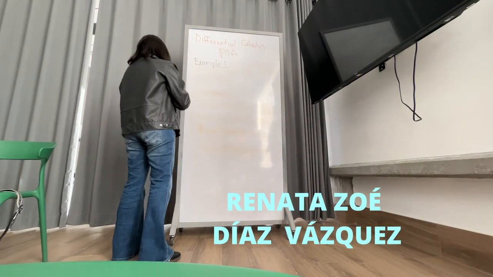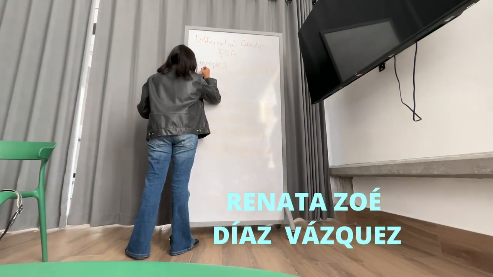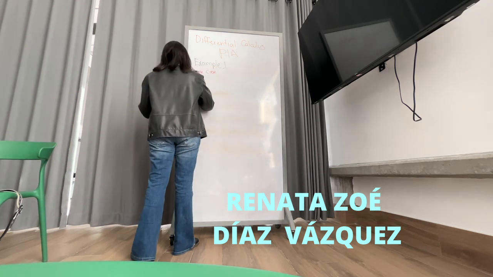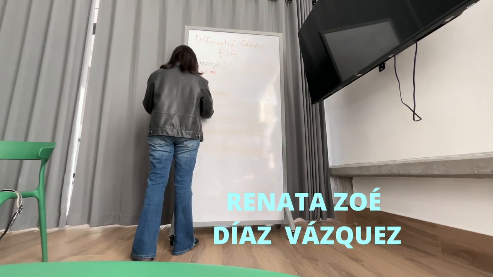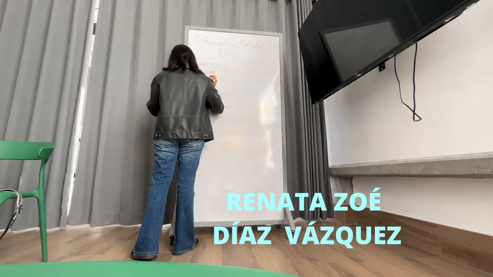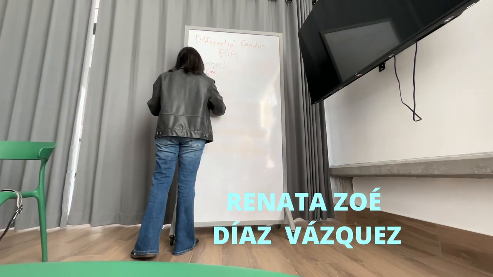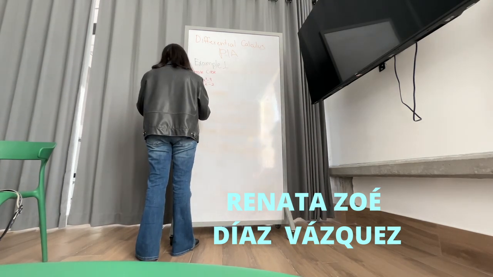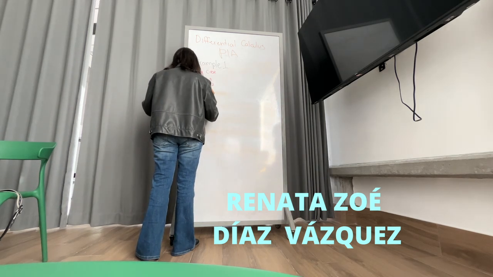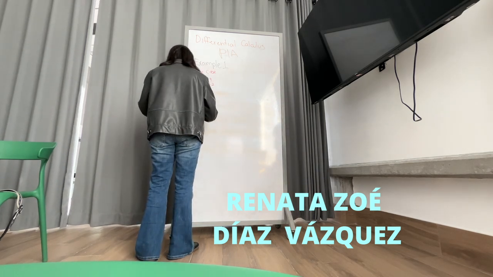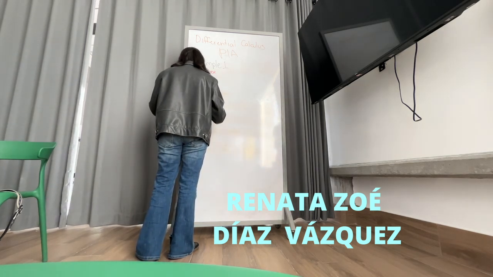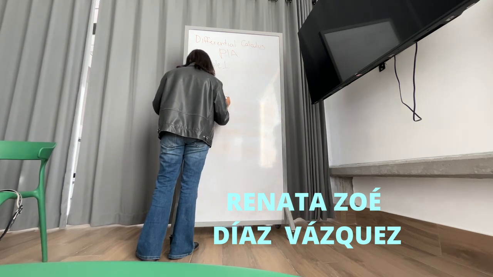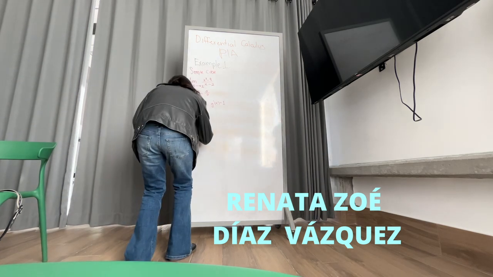We have a simple case here, the limit as x goes to 2. First we substitute the 2 for x and the result is 0 over 0, which means it is indeterminate. So we take the derivative of f and the derivative of g. The derivative of f is 2x and the derivative of g is 1.